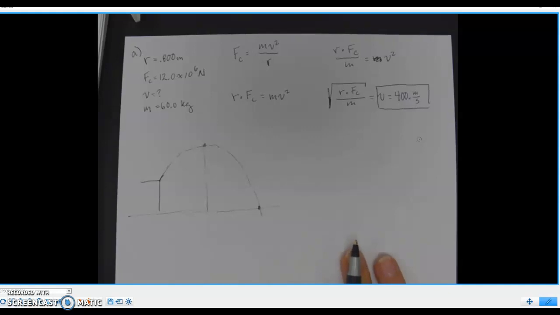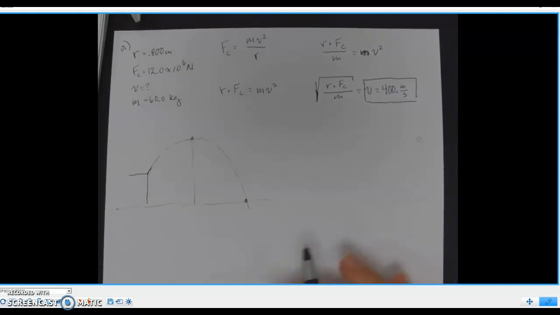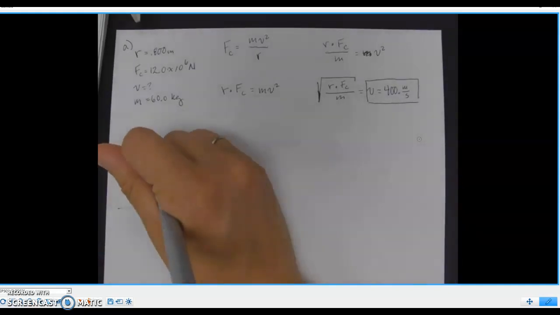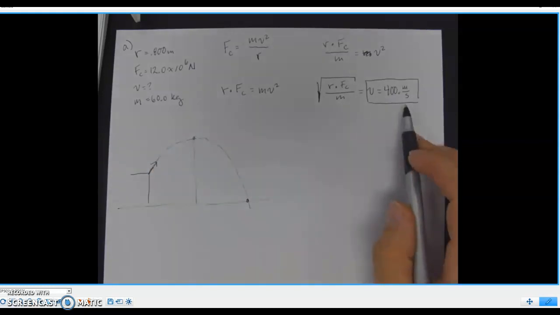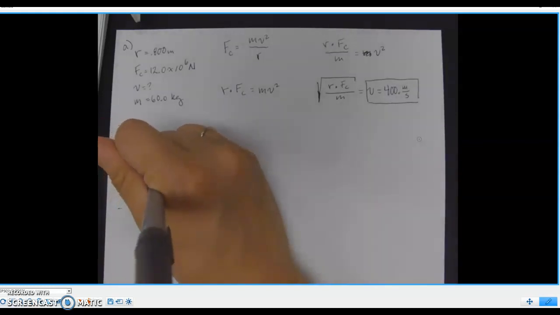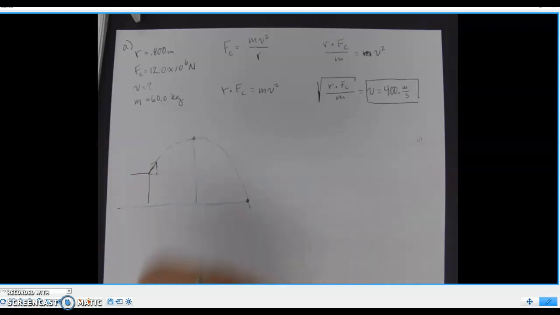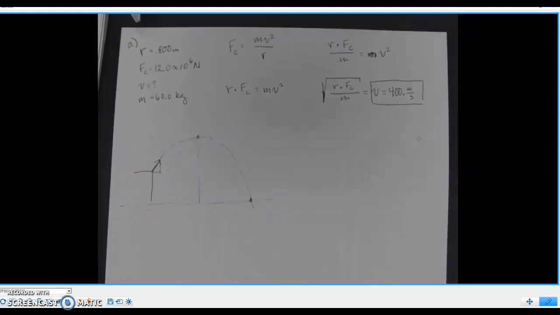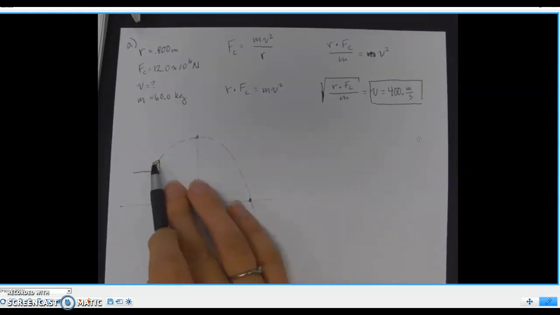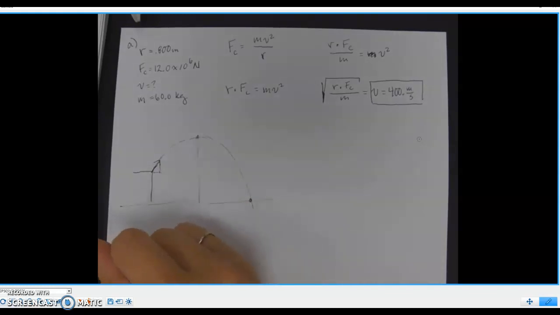So a couple things. We need to know this initial velocity, which we do, it's 400, but there is an x component and there is a y component to this. If I were to zoom in on what's happening right there, I'd say I had a velocity of 400 meters per second.